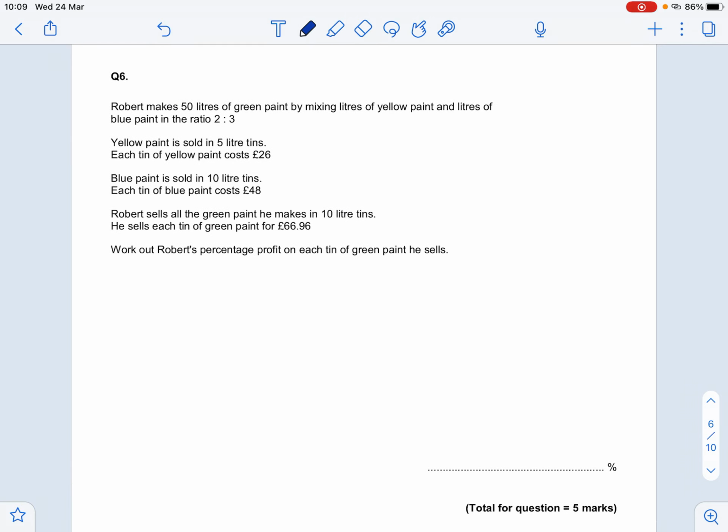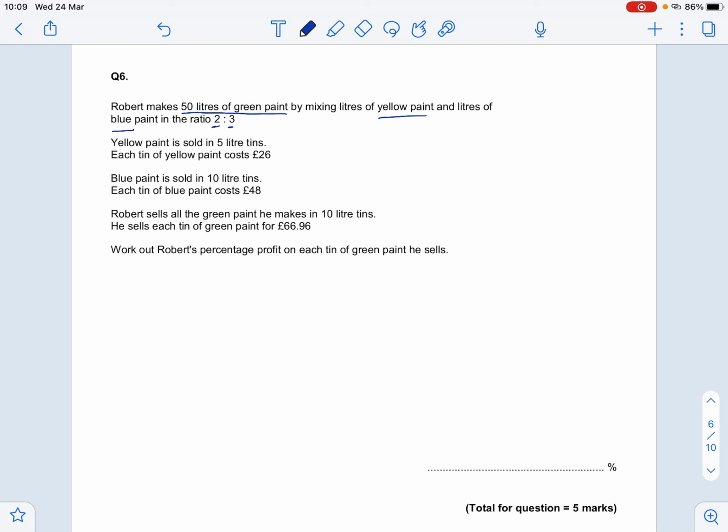Okay, question 6. We have Robert mixing 50 liters of green paint by mixing liters of yellow paint and liters of blue paint in the ratio 2 to 3. Yellow paint is sold in 5 liter tins.